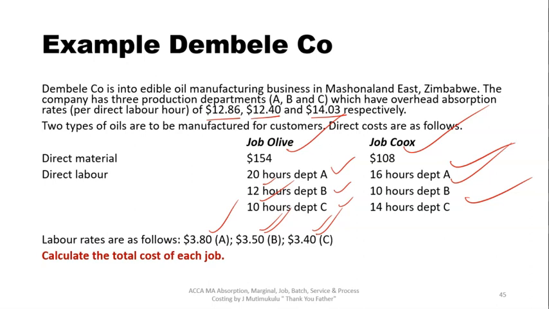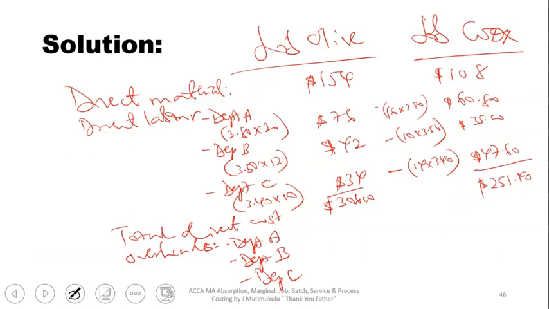For example, for job Olive, the activity was 20 hours in department A multiplied by the overhead absorption rate of $12.86. So department A, that's 20 hours multiplied by $12.86, and we should get 257.20.